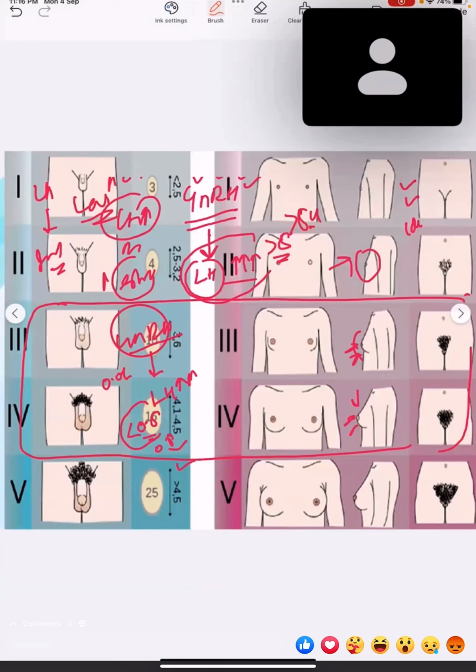But in a male, if you find testicular volume more than 4 ml, you will definitely go for MRI brain. Why? Central precocious puberty is never normal in a male. There is always a pathology in a male with central puberty. Is this clear?